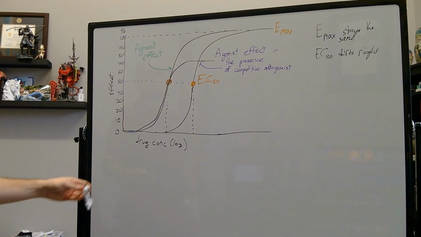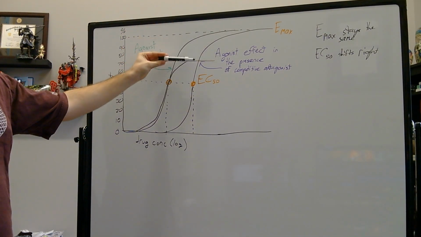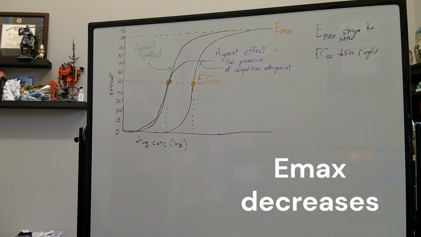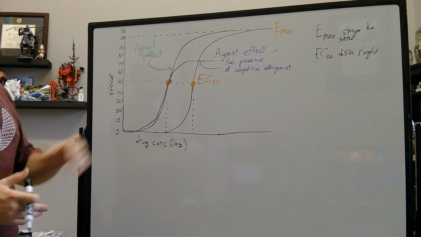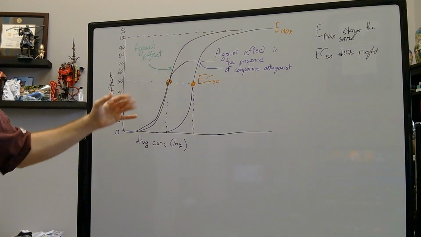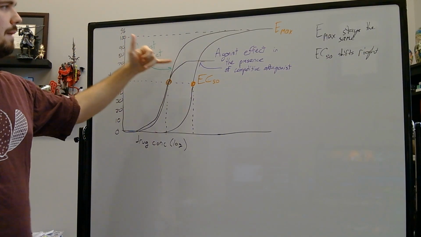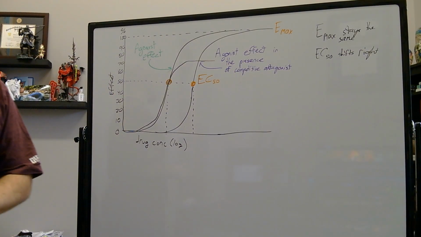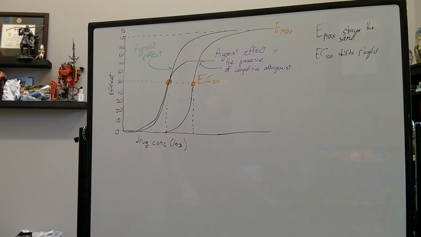So again, graphically, your curve is going to flatten. Another way to interpret that is that no matter how much of this agonist you give, you will not be able to reach the same maximum effect that you would previously. So that is non-competitive antagonists.